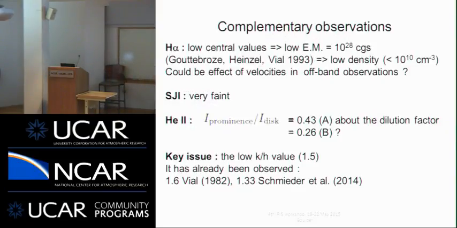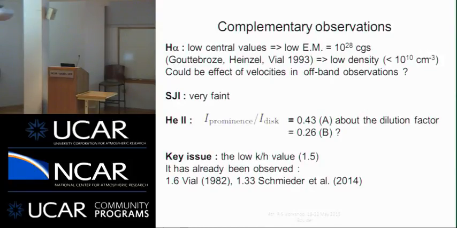H alpha was very low, but as was mentioned by Petre, from these values we can derive some emission measure, and then derive some density, very low density, which is not a surprise, but we also have to be careful because these are rather narrow bandpasses. And so maybe the velocities can shift the profiles out of the bandpass. The slit jaw, we didn't use the slit jaw data because it was so faint.